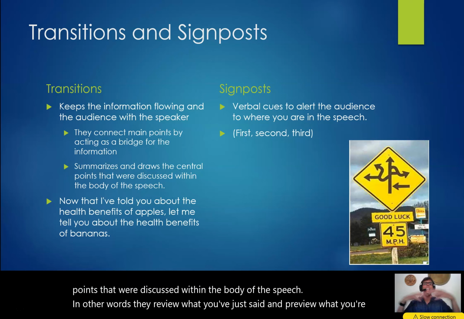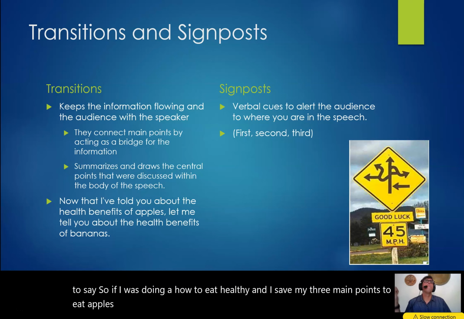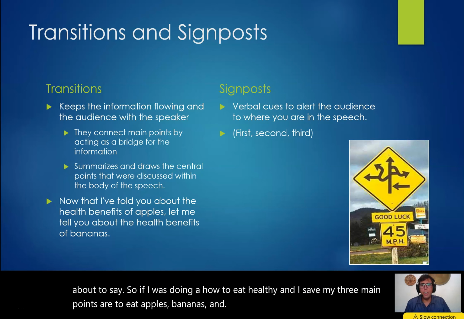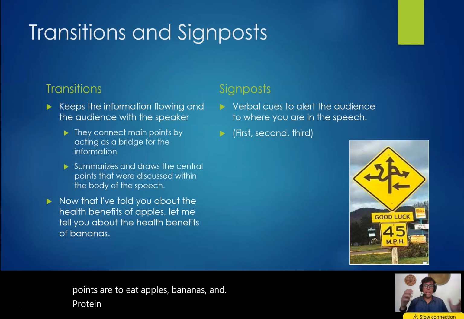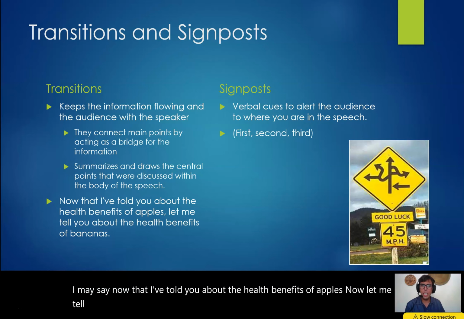So if I was doing a how-to on eating healthy, and I say my three main points are to eat apples, bananas, and protein drink, then I may say, now that I've told you about the health benefits of apples, now let me tell you about the health benefits of bananas.